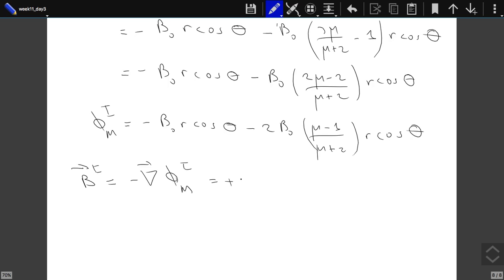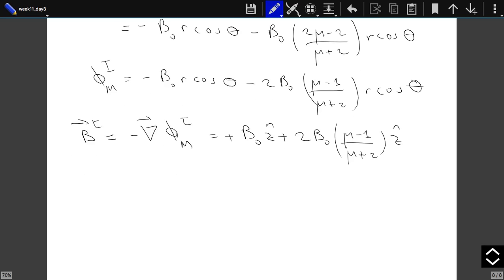This is nothing but plus B0 in the z direction plus twice B0 times mu minus 1 divided by mu plus 2, in the z direction.